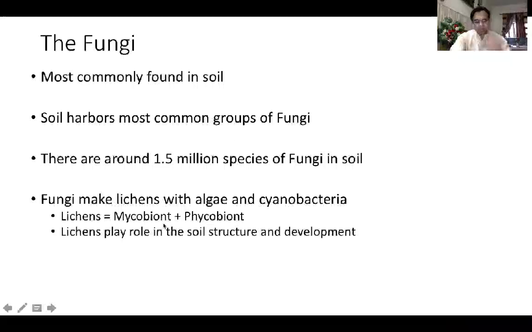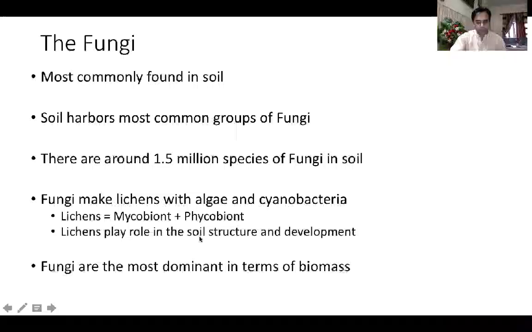They play an important role in soil structure and development. These lichens are also present on rocks where water is available, and they dissolve different kinds of nutrients that are present in rocks.